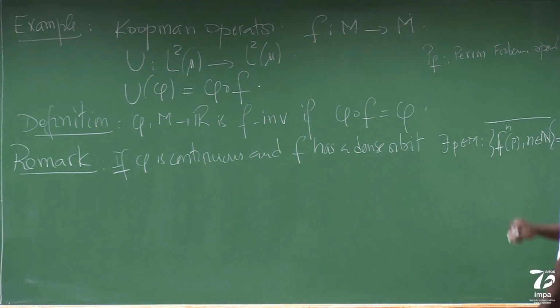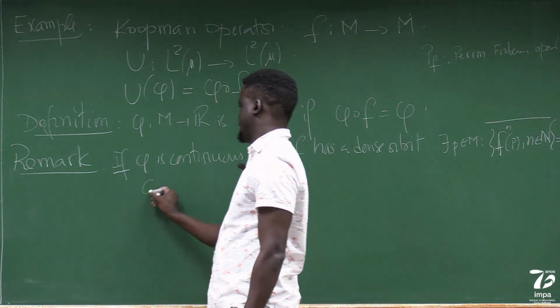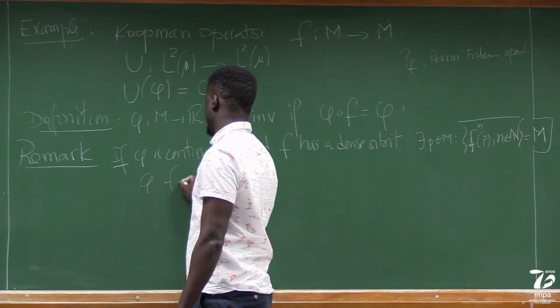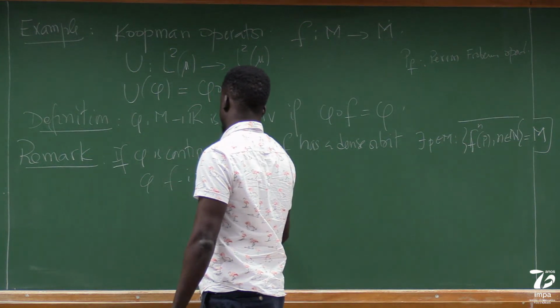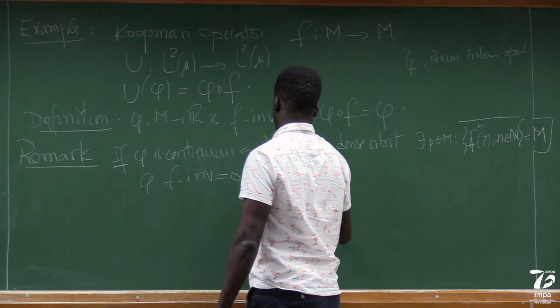Like this orbit is going everywhere in the space, so this is the closure topologically. So phi F invariant implies that phi equals constant.